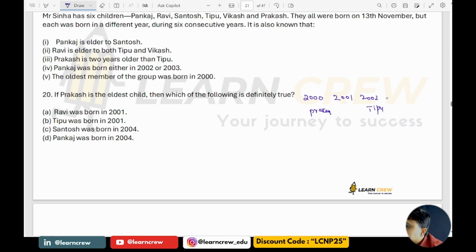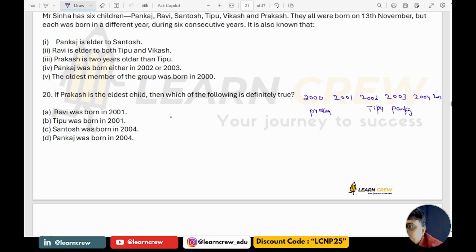And 2003, it has to be Pankaj, because Pankaj is either in 2002 or 2003. Now 2004 and 2005, we have to see. If Prakash is the eldest child, which one can you say is definitely true?